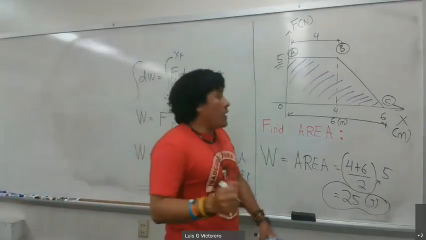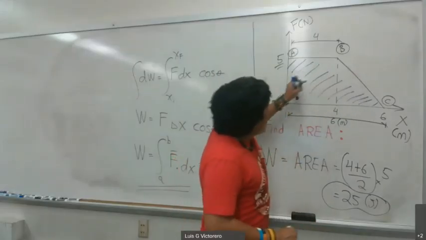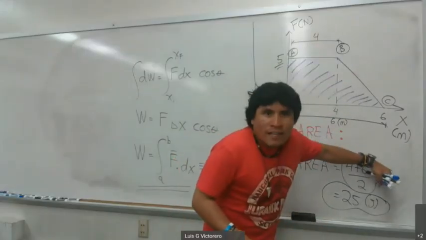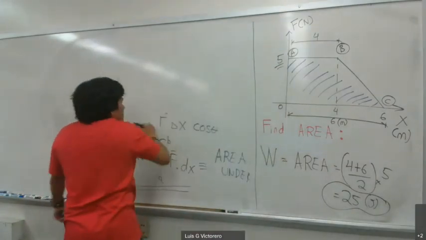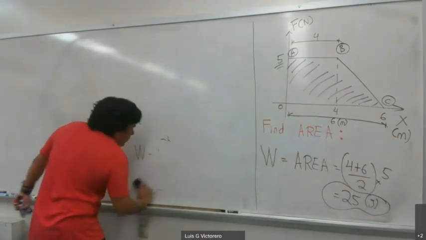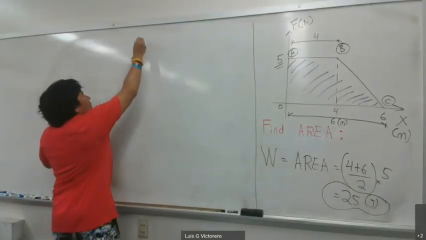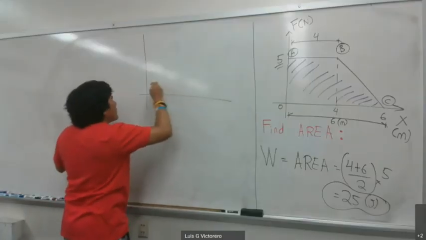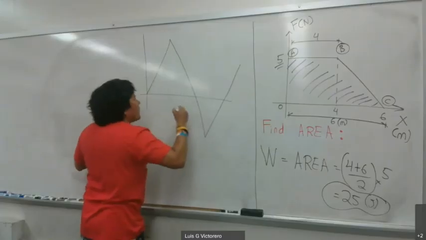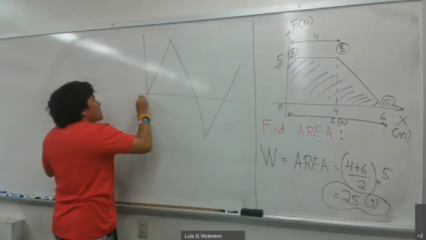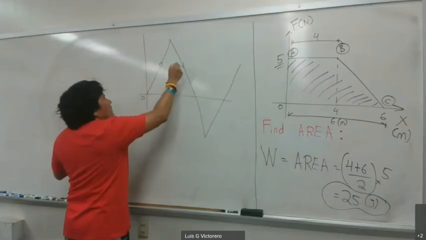Can you have negative work? Yes. Let's suppose, and that's what you have in the assignment, you have a line that goes like this and then goes below the x-axis. So if you have an area under the x-axis, that area will be negative work. Have something like this.